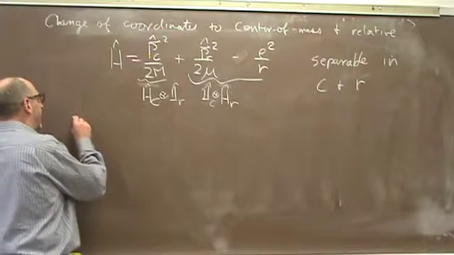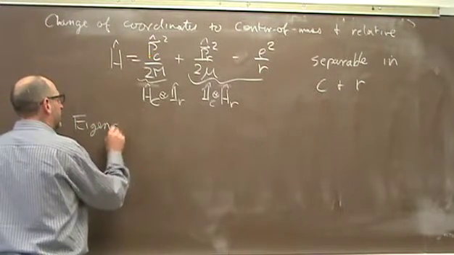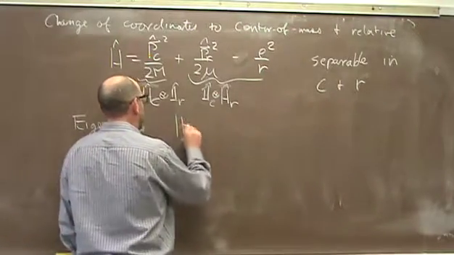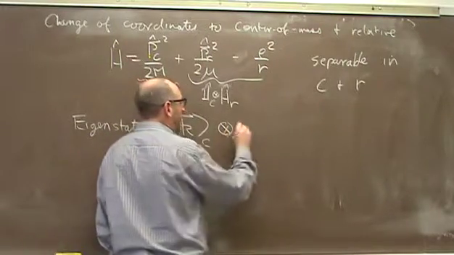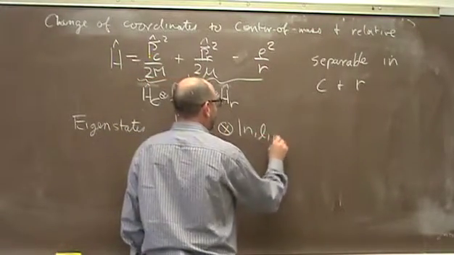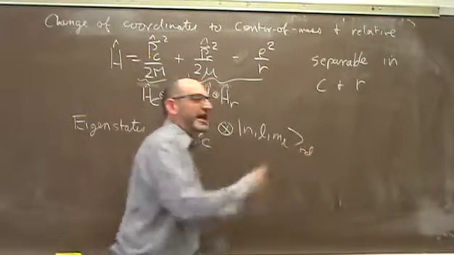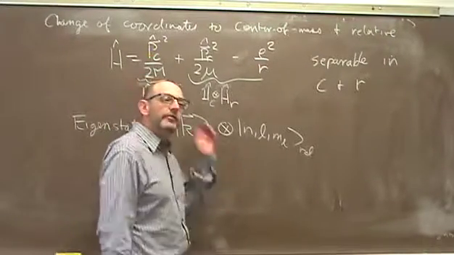So the eigenstates are the following. We have a free particle for the center of mass, and their usual hydrogenic states for the motion of the electron relative to the proton.